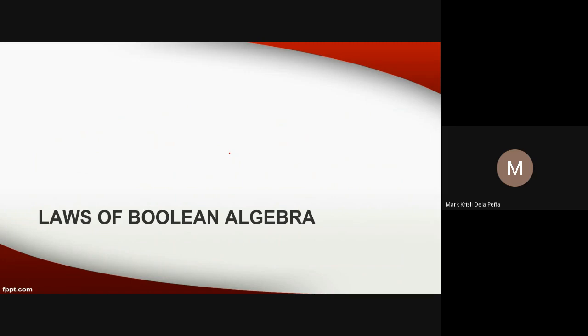Let's proceed now to the laws of Boolean algebra. Just like the laws of equivalence, we have laws in Boolean algebra. You can still refer to the laws of equivalence because they will have the same answers. The laws do not change.